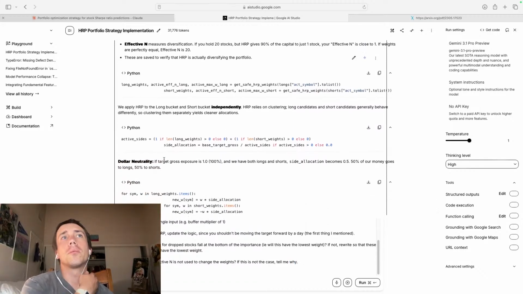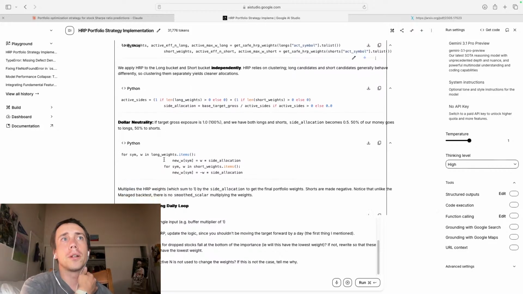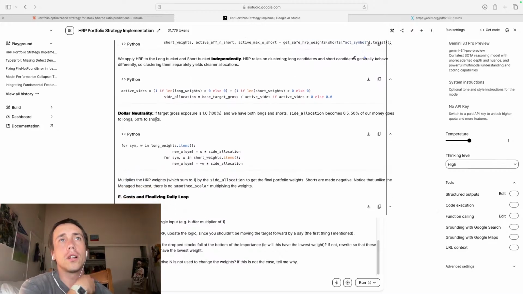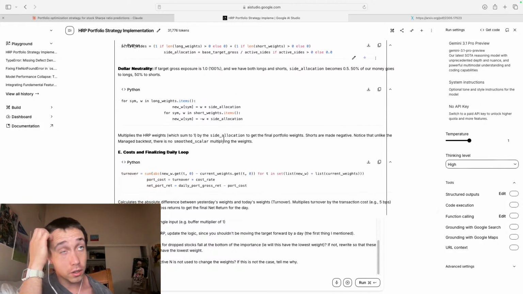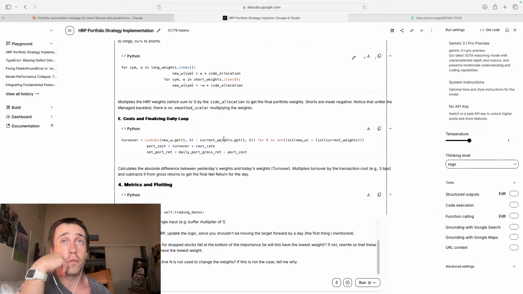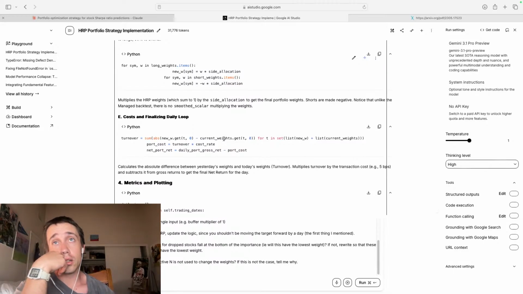We apply HRP to the long bucket and short bucket independently. That should be good. Dollar neutrality. If target gross exposure is 100%, and we have both longs and shorts, side allocation becomes 0.5. Yeah, that's good. It multiplies the HRP weights, which sum to 1, by the side allocation to get portfolio weights. That sounds good.